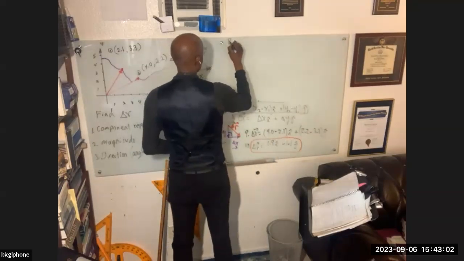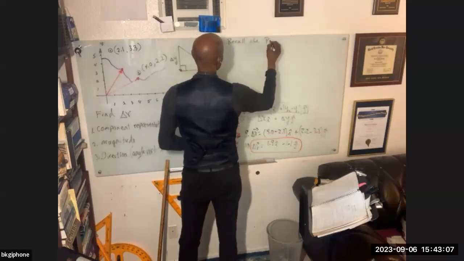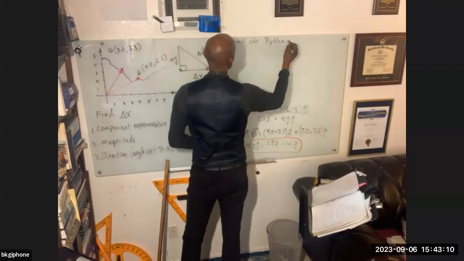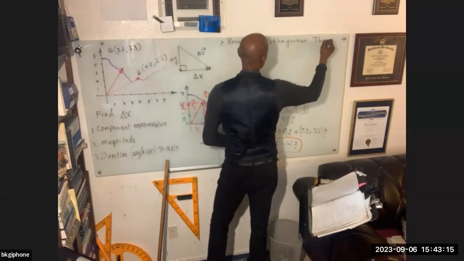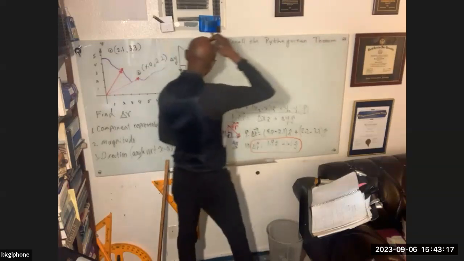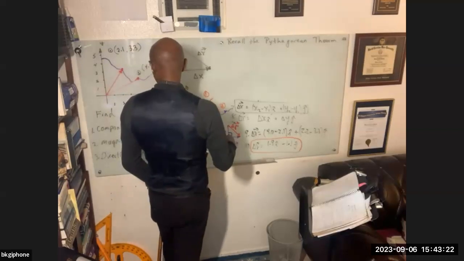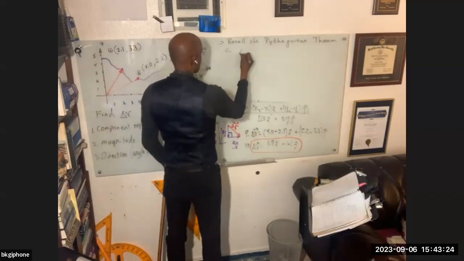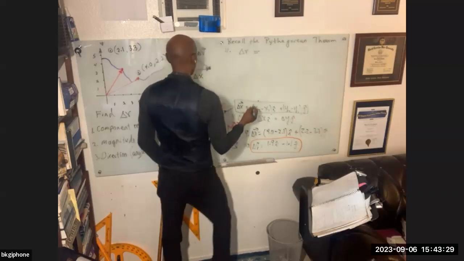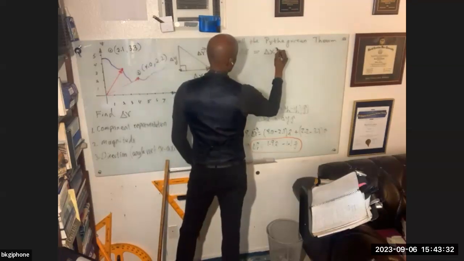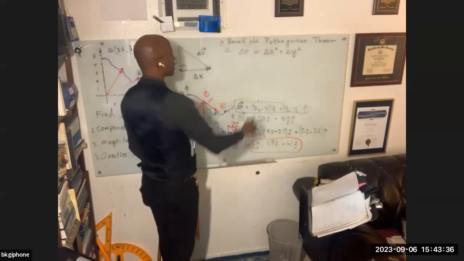So recall the Pythagorean theorem. Delta R squared is equal to delta x squared plus delta y squared.